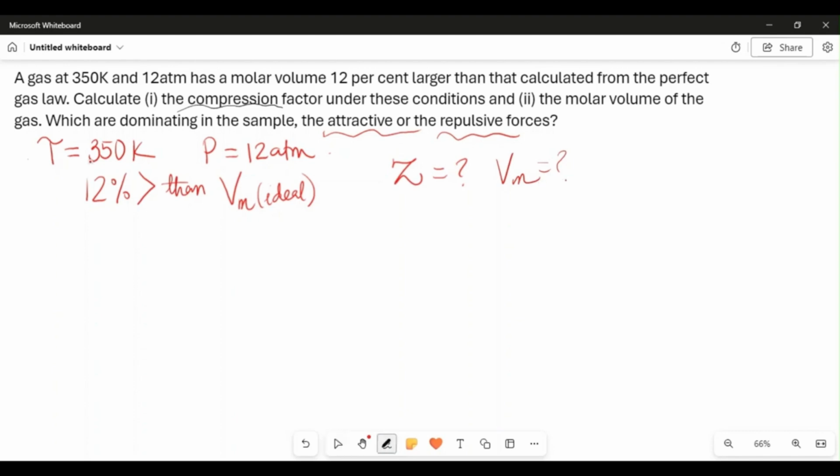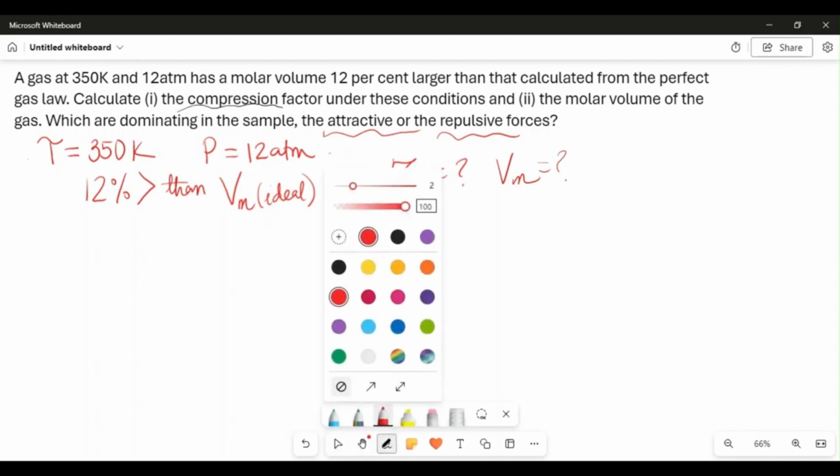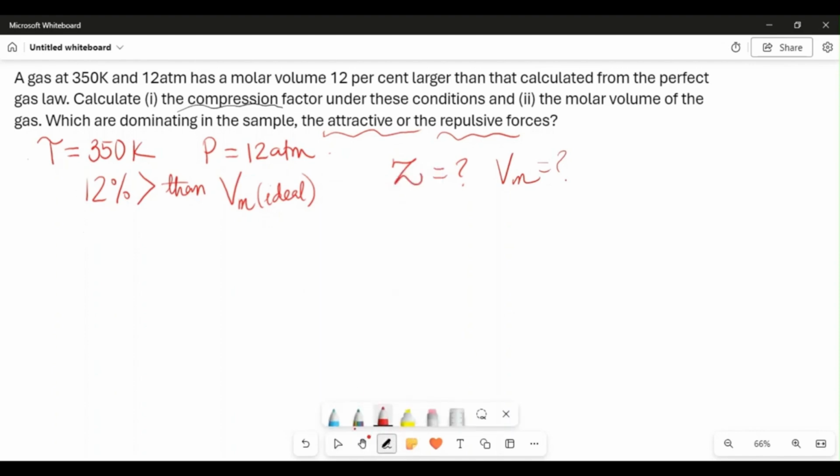Since they told us about the perfect gas law, the first thing we have to do is find the molar volume using the perfect gas law, which is PV equals nRT. We're not trying to solve for the volume here. We're solving for the molar volume, which is the volume divided by the number of moles.